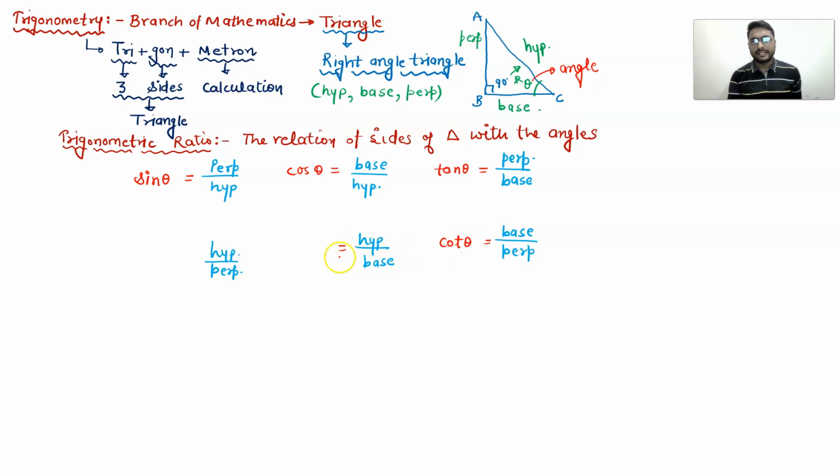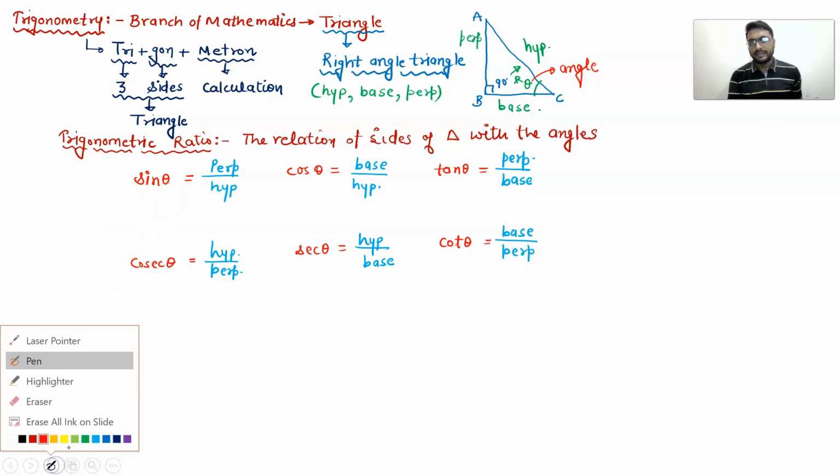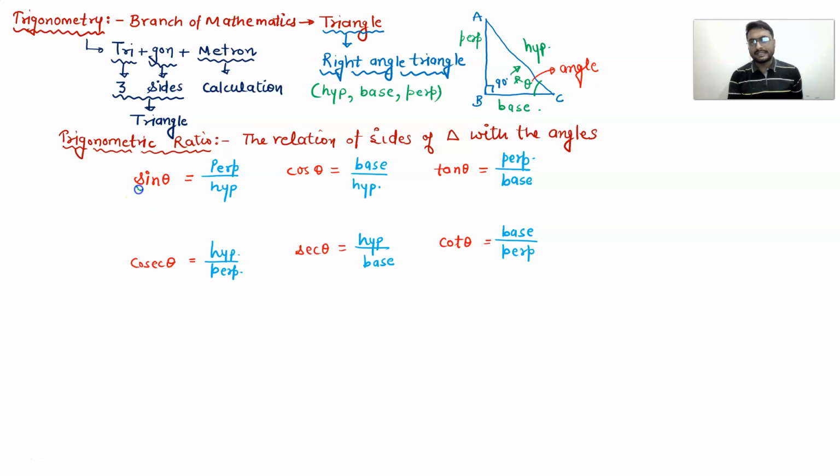After that, hypotenuse upon base is known as sec theta, and hypotenuse upon perpendicular is known as cosec theta.